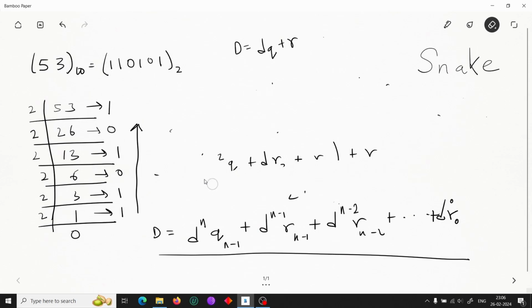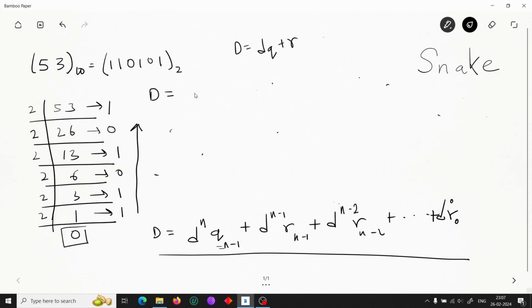Okay, so now we will see something miraculous happen. See that in the final step we get this quotient to be 0, and this is the final quotient that remains, the last quotient basically. So we can substitute this value to be 0. So what is the final equation that we will reach?